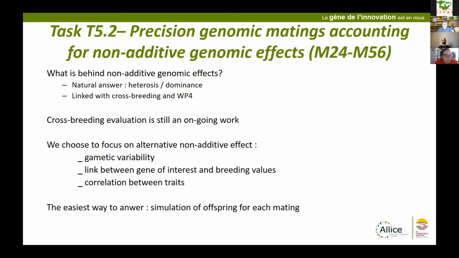And we thought the easiest way to start working on genomic mating plans was to simulate offspring in order to have at least one scenario with all the genotypes for animals and for offspring, and then try to implement some plan based on this simulation.